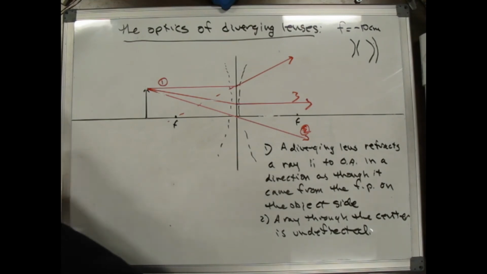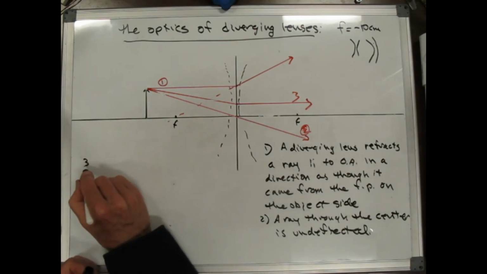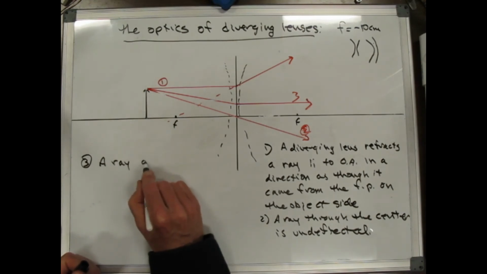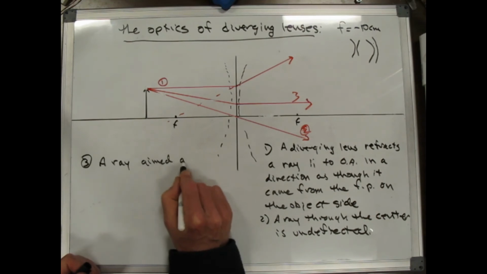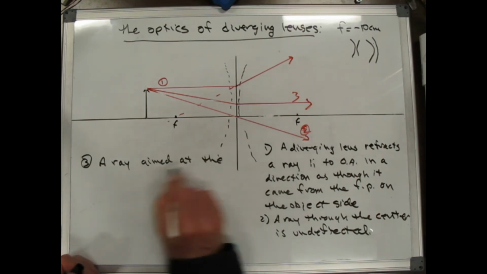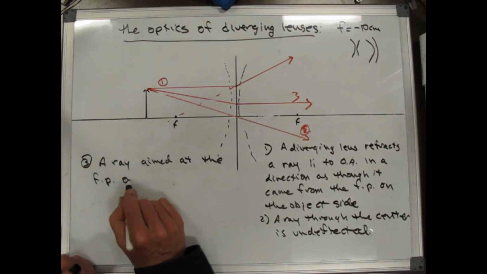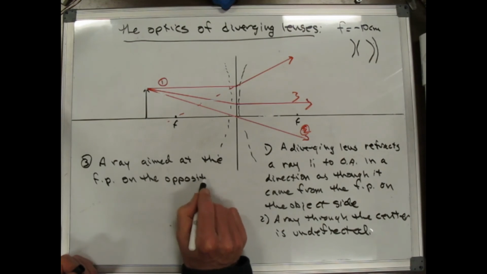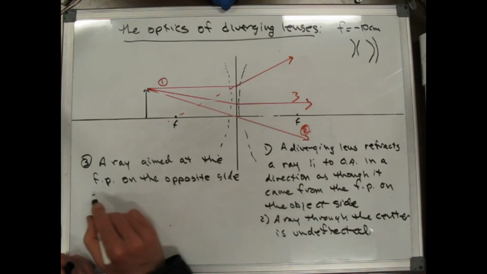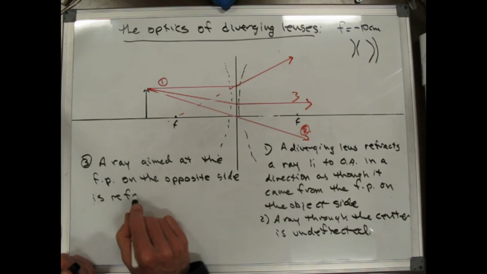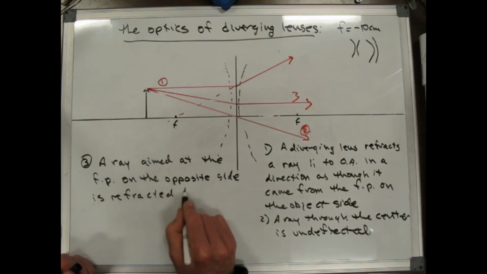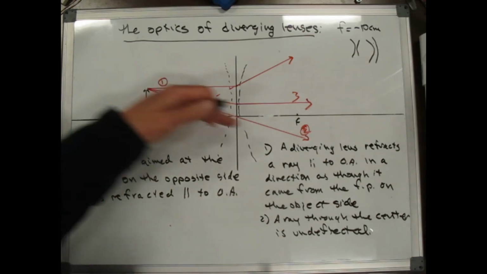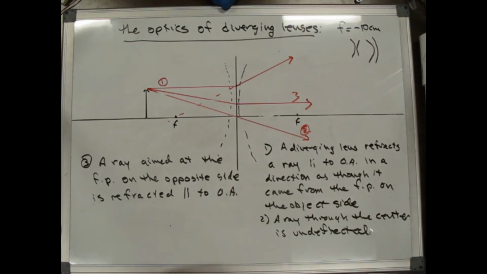And so let me just write this guy down. 3. Is refracted parallel to the optic axis, since that was our ray 3.